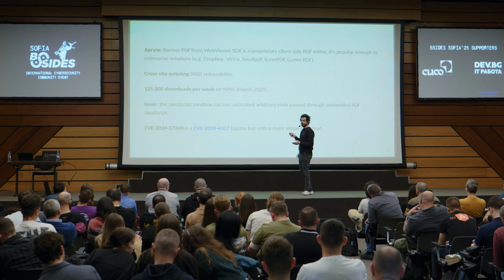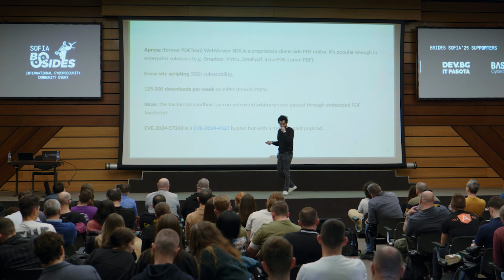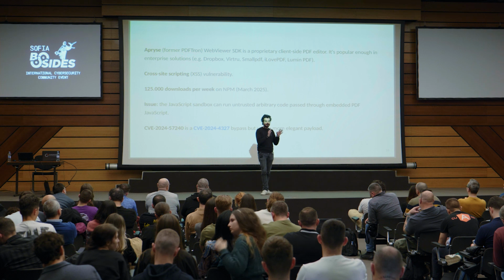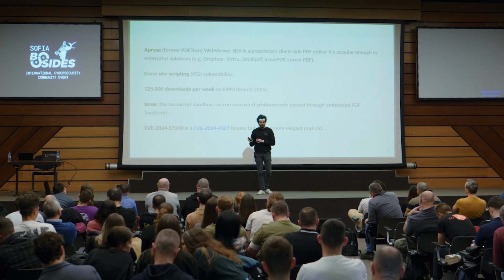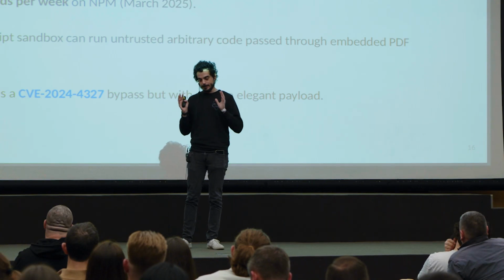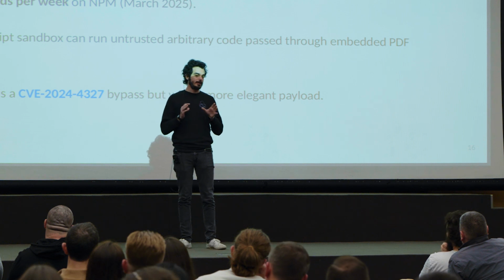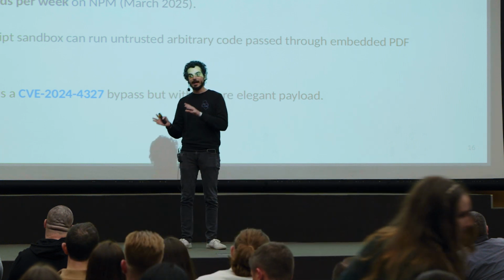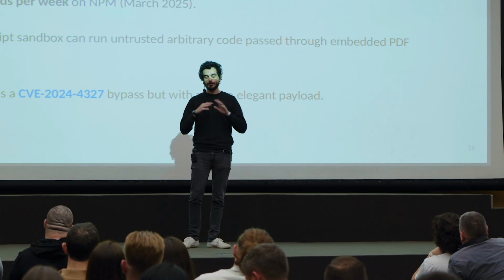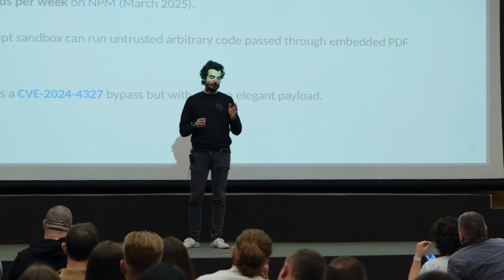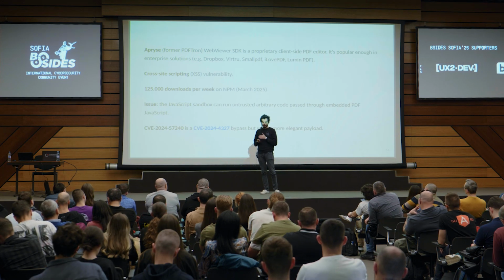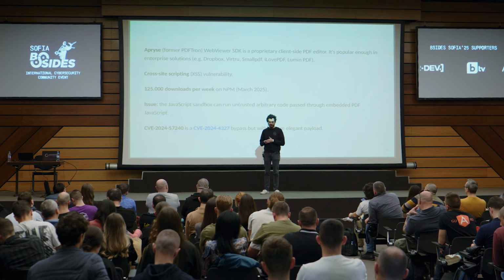Now, Apryse wants to offer a client solution for developers, so the target is different. It's not the final user. It's the developer that wants to build a client-oriented solution to visualize, render, fill out, whatever, PDFs. And their goal is to be aligned to the Adobe standard, the Adobe specification.